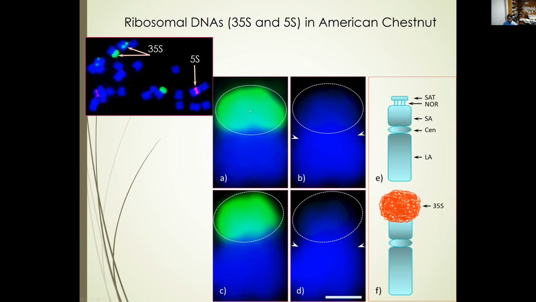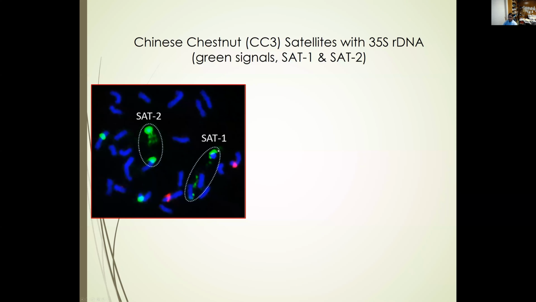I'll show some slides from Mollissima, the Chinese chestnut. That's the original species; the other chestnut species evolved from Chinese chestnut. You see the accumulation of copies of the 35S rRNA gene is huge, and it's a short satellited chromosome. In Chinese chestnut, this one we named CC3, it's called AU Cooper.